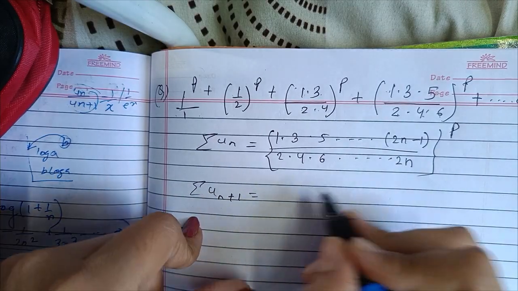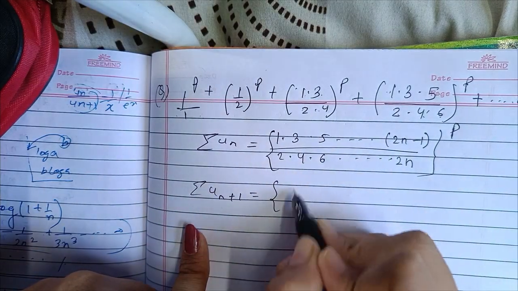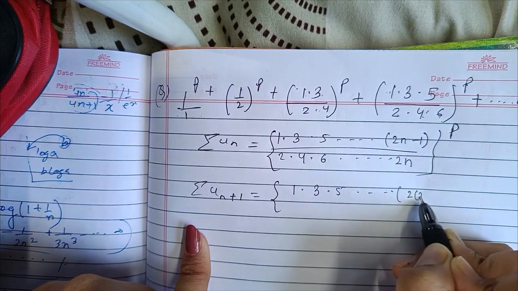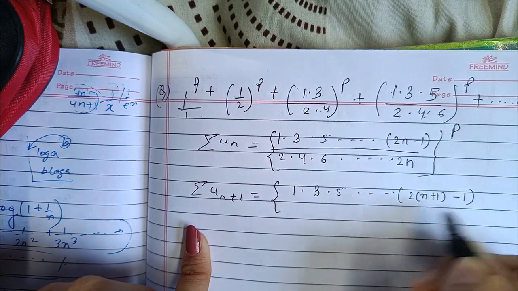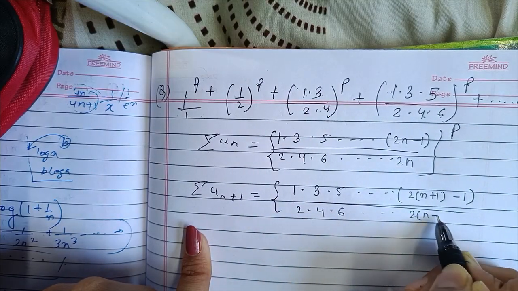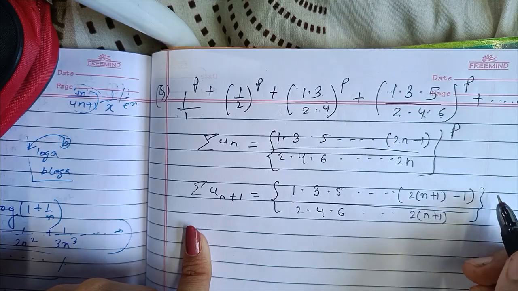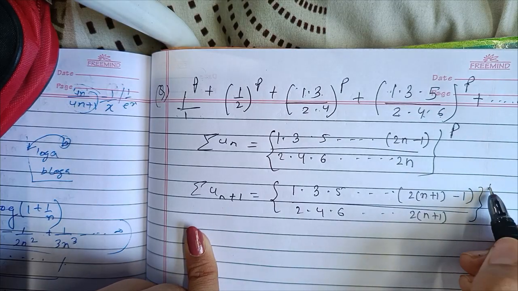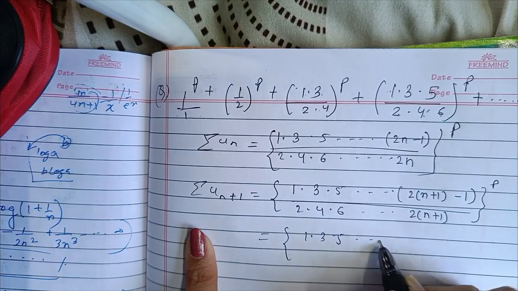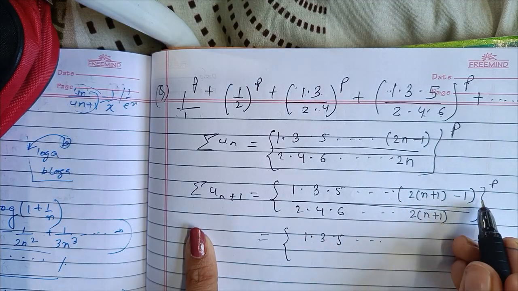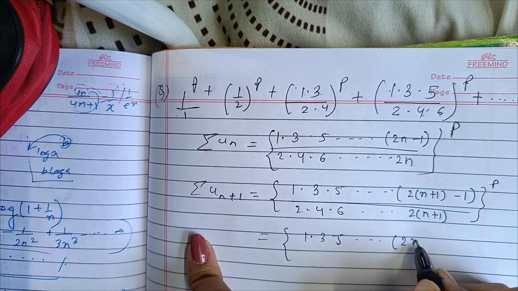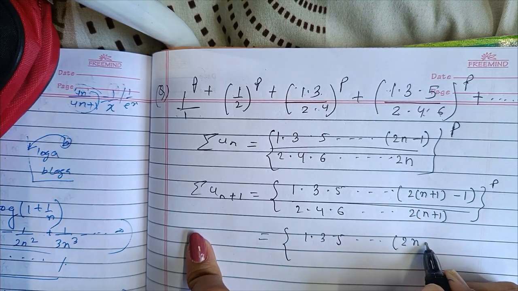Un plus 1 is nothing but simply adding plus 1 here, upon 2, 4, 6, 2n plus 2. Solving this you will get 1, 3, 5, 2n plus 2 minus 1, which is 2n plus 1.